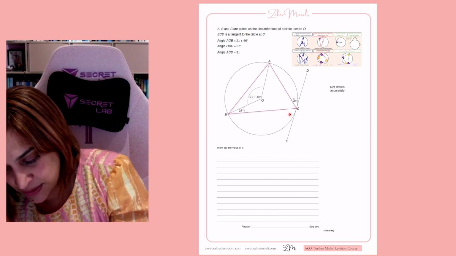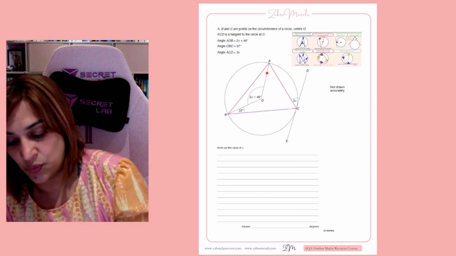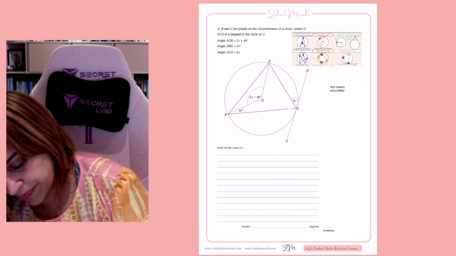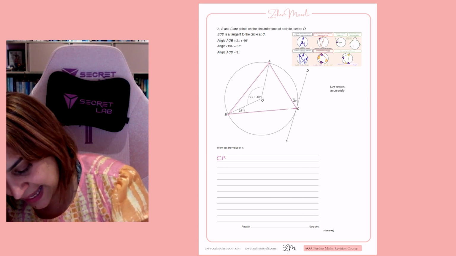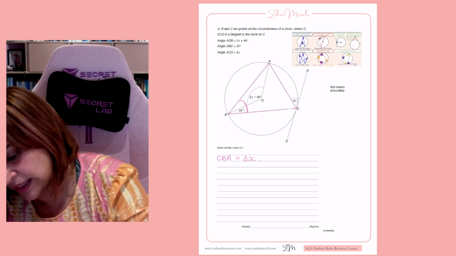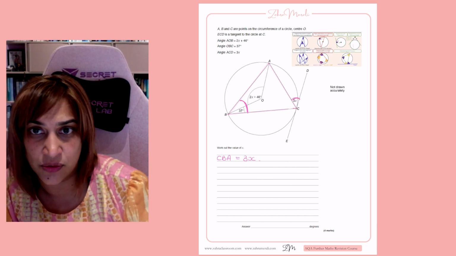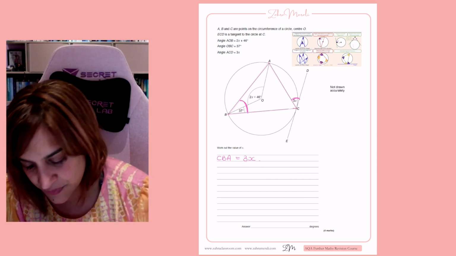Now, if we knew this one, we go into the triangle and across, so the whole of that A would be the same as whatever is there. So we know that CBA equals 3x. So this whole thing here is the same as this, and that's using the alternate segment theorem. It's not a proof, so we don't need to write out all the different steps.